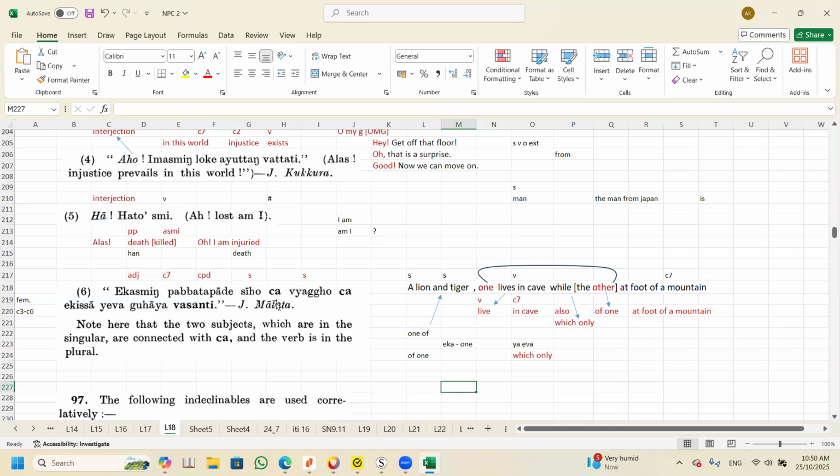But if we say one, you have to be singular. So in English you adjust accordingly. You change accordingly. So in this case, we understand that it's talking about one living in the cave while the other at the foot. No need to mention live anywhere at the foot of the mountain.